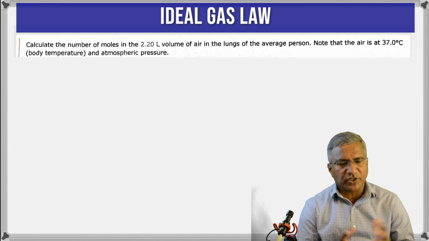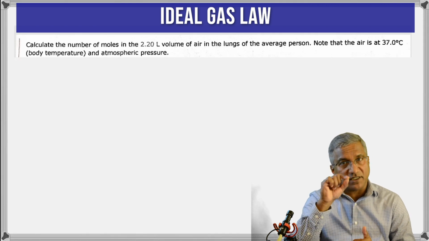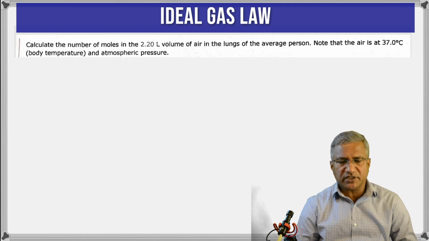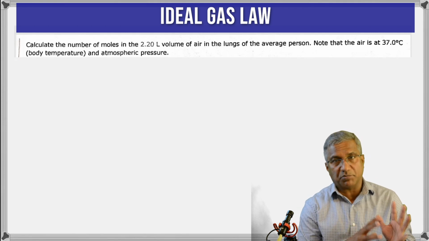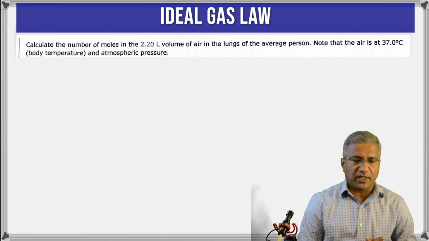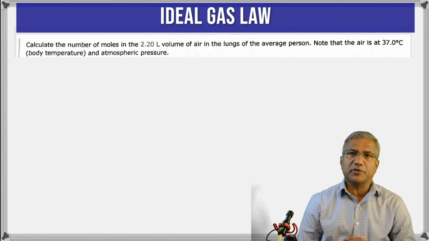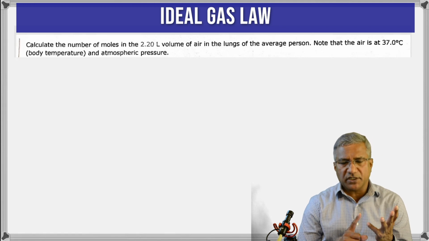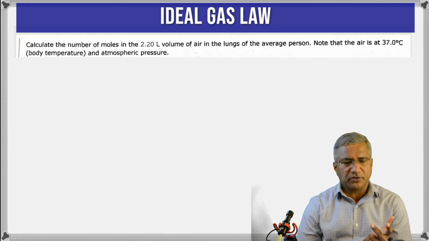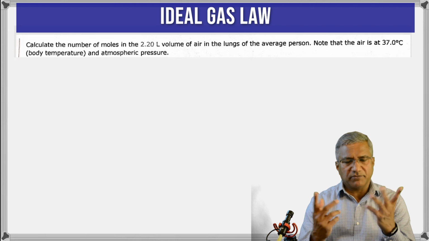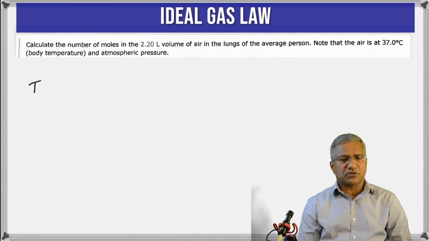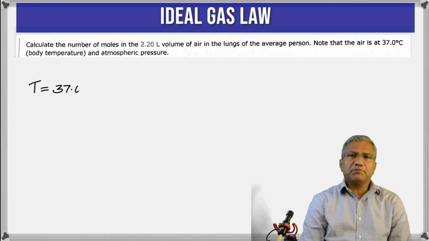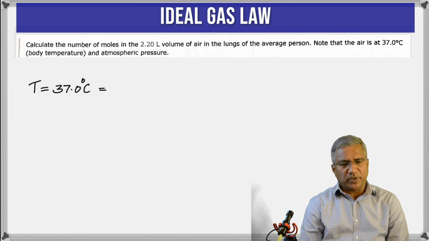You have to calculate the number of moles, little n. Note that the air is at 37 degrees Celsius, which is the body temperature, and the pressure is the atmospheric pressure. So you're given the temperature, the pressure, and the volume, find the number of moles. So straightforward, plug it into the ideal gas equation.